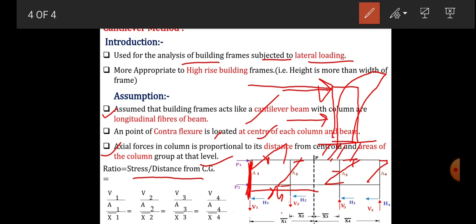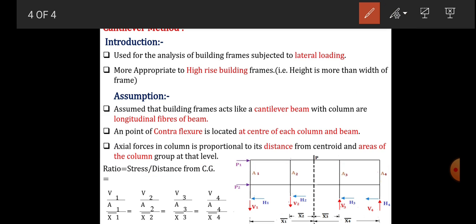Here V is the force, taking a section through these columns, so there are reactions V1.